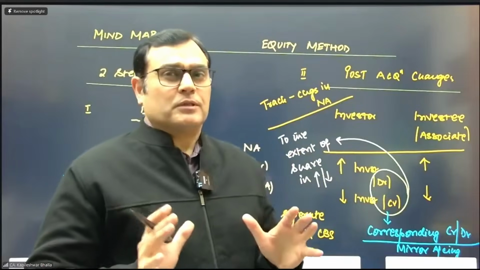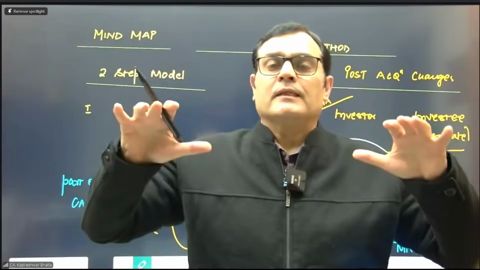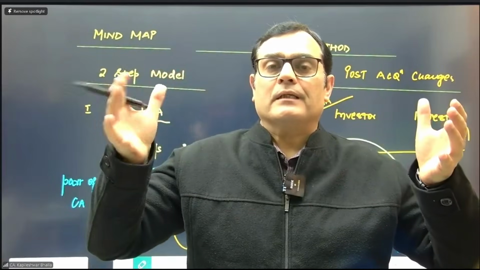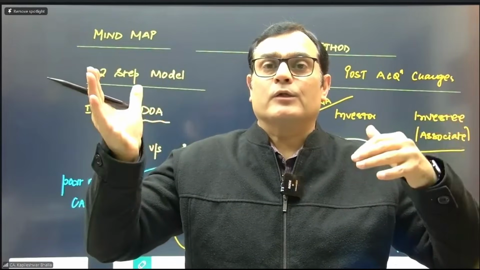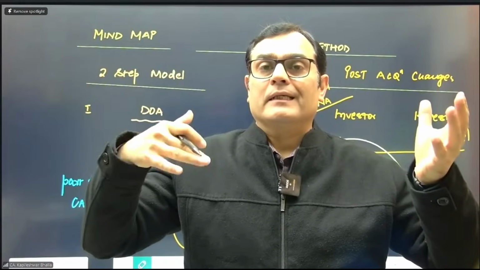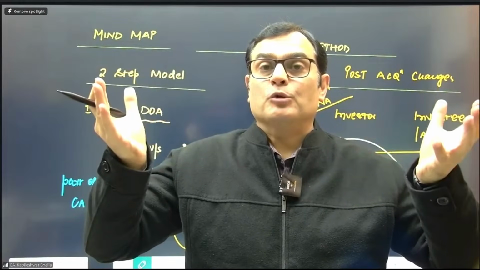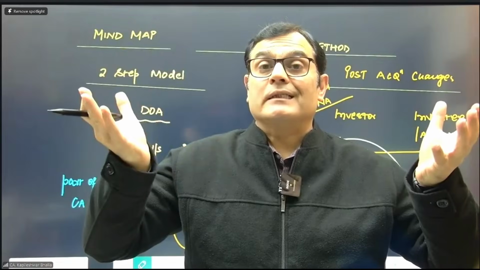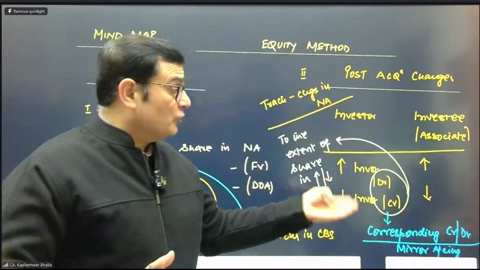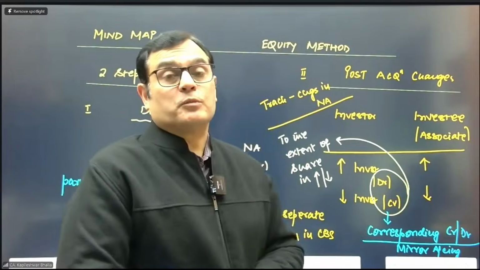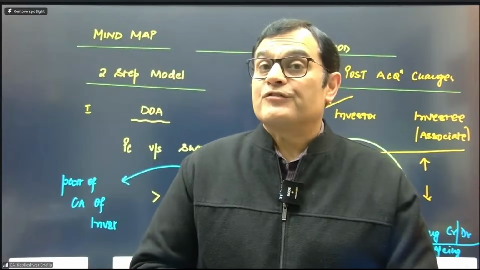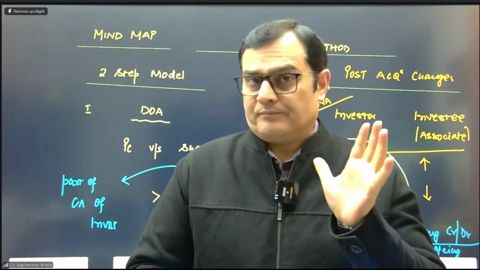So I'll just put across a very simple question. Did the associate credit the P&L? I also credit the P&L. Did he credit the OCI? I also credit OCI. He debits the P&L, I debit the P&L. He debits the OCI, I debit the OCI. He directly records it in equity, we directly record it in equity. As simple as that. So the corresponding credits or debits would be to the P&L or to the OCI or directly in terms of SOCIE, that is equity.